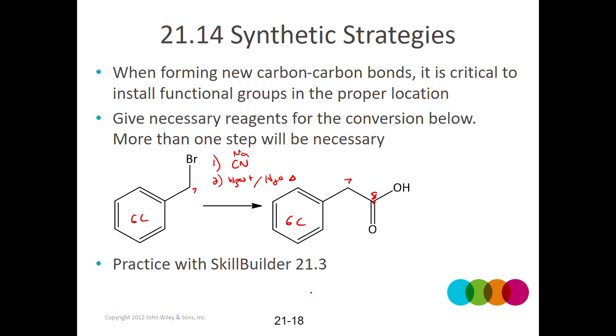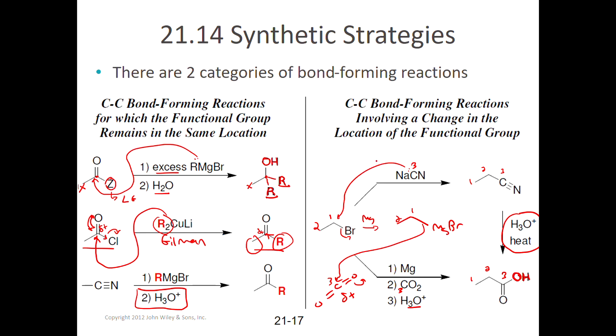I'm just going to take a little heat, or I can convert that into a Grignard, have it attack CO2, and then simply protonate it to put that proton on. So those are the 2 reactions that we just talked about here.